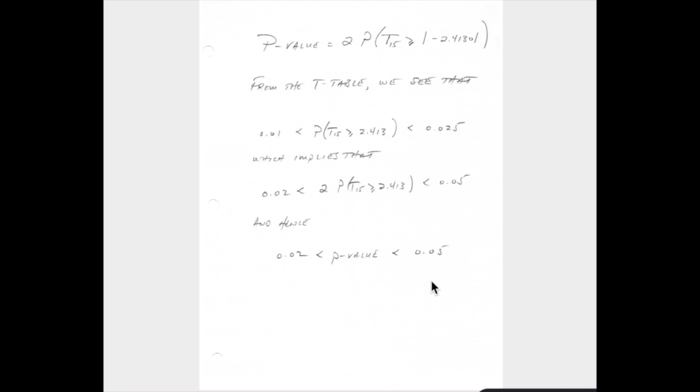So if we were going to use this p-value to decide whether or not to reject the null hypothesis, remember that we reject the null hypothesis if the p-value is less than or equal to the significance level being used. Since the significance level we were told to use in this example is 0.05, and we've concluded that the p-value is strictly less than 0.05, based on the p-value we would reject the null hypothesis and conclude that the alternative is true, which says that mu is not equal to 8 ounces.